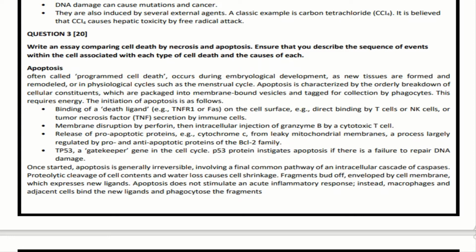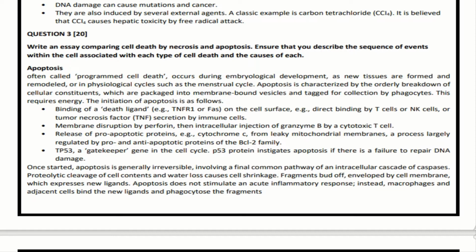TP53, a gatekeeper gene in the cell cycle, the P53 protein instigates apoptosis if there is a failure to repair DNA damage. Once started, apoptosis is generally irreversible, involving a final common pathway of an intracellular cascade of caspases.